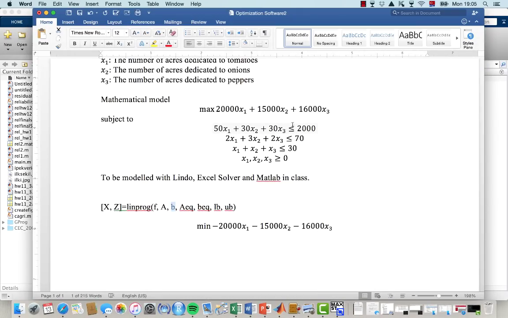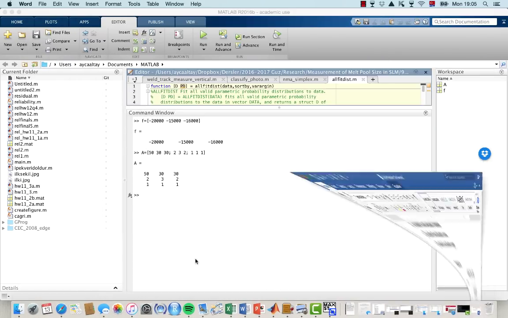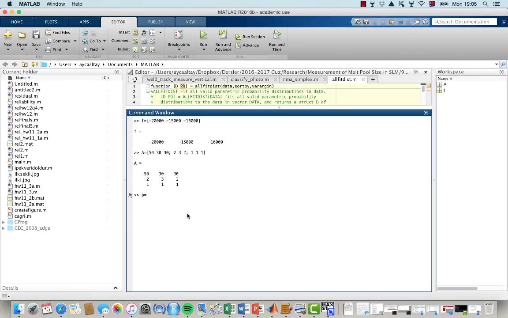My right-hand sides are 2000, 70, and 30. So I have the objective function, left-hand side coefficients of less than or equal to constraints, and right-hand sides of the less than or equal to constraints.